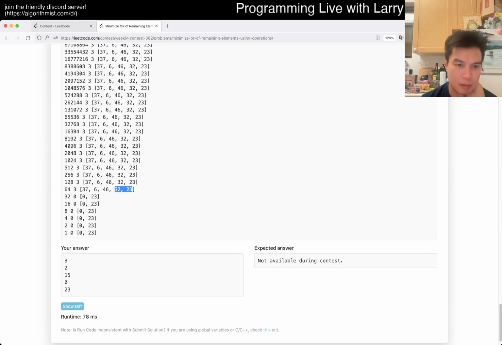Because this would be 4 instead of doing this suffix. Oh, and then this is 0, so that's 0. That's really wrong.